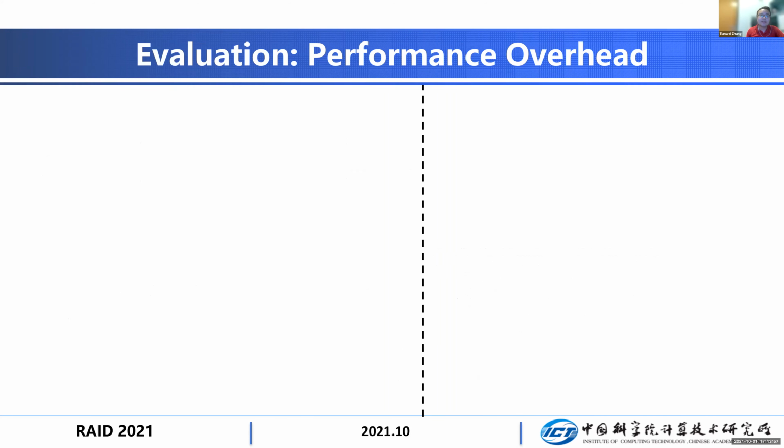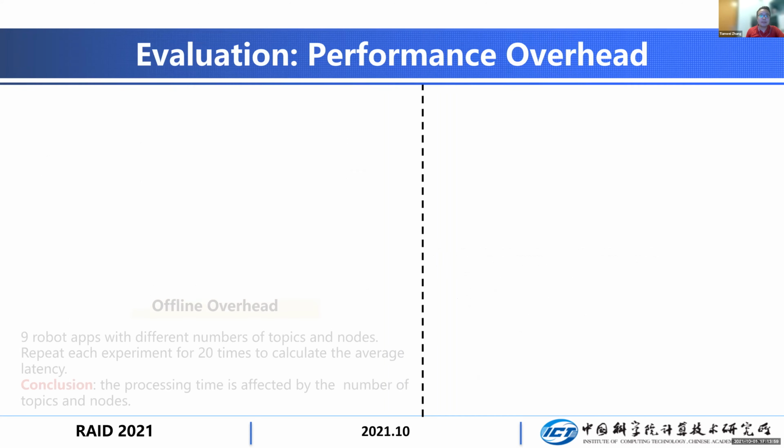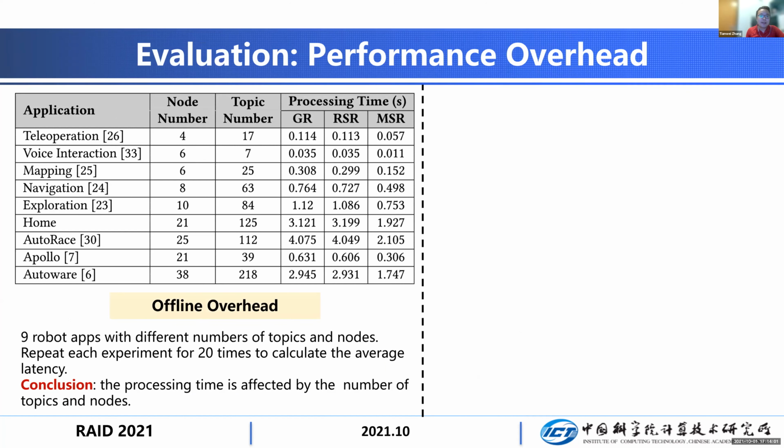Finally, we measure our performance overhead. The offline overhead is mainly caused by detecting the risks and inserting the coordination nodes. This table shows the result. For simple applications, the offline processing time is within 1 second, which can be ignored.